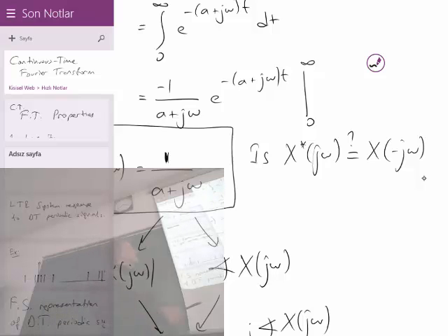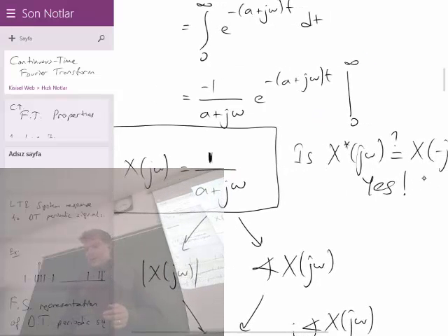Yes, because the conjugate of this one is 1 over a minus j omega. That's the conjugate. And x of minus j omega is just replace j omega by minus j omega, which is again 1 over a minus j omega. So they are the same. That's a verification of your result. Your result must always satisfy that property. If that property is not satisfied in your answer for a real signal's Fourier transform, then it means you did something wrong. Okay?